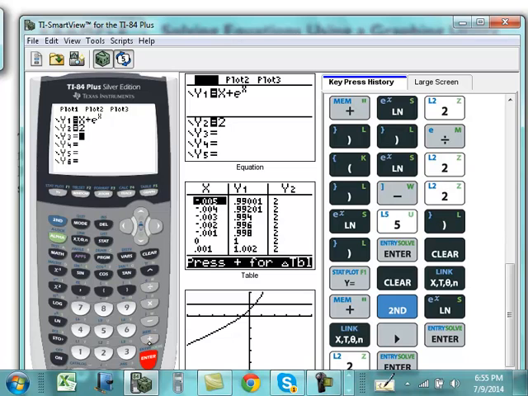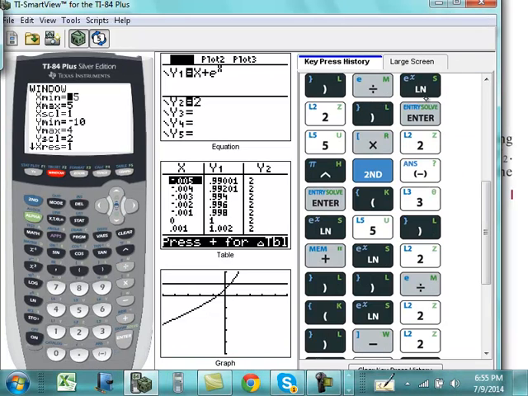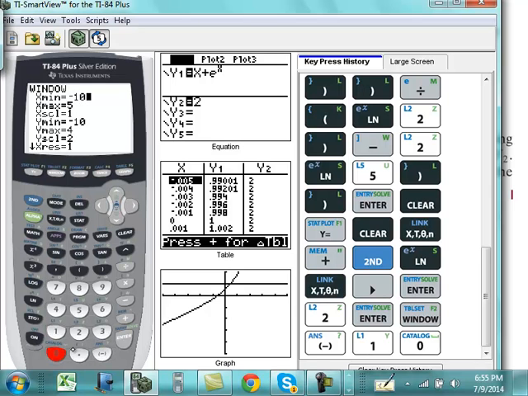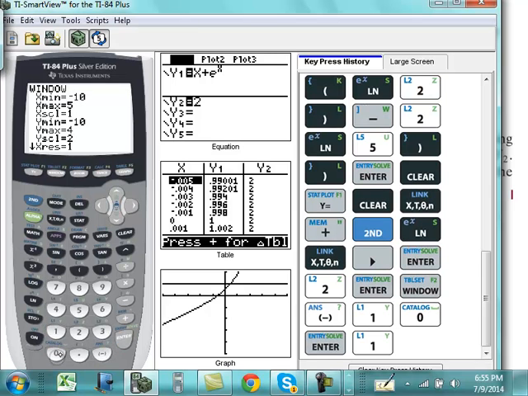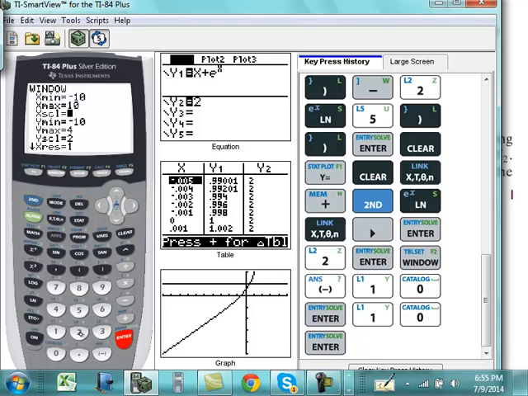Now, I'm going to let x go from, I don't know, maybe negative 10 to positive 10 in the viewing window, with tick marks maybe every 2 units.